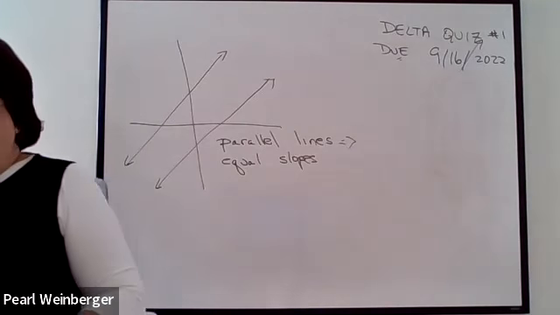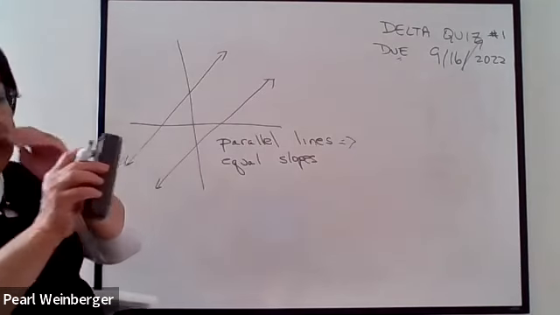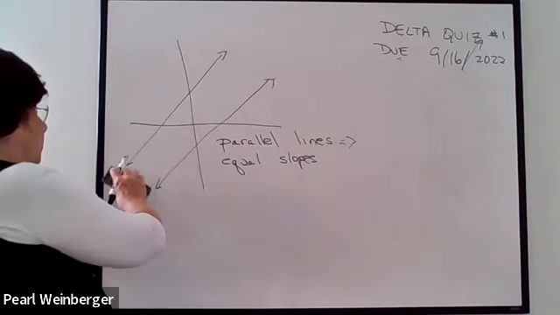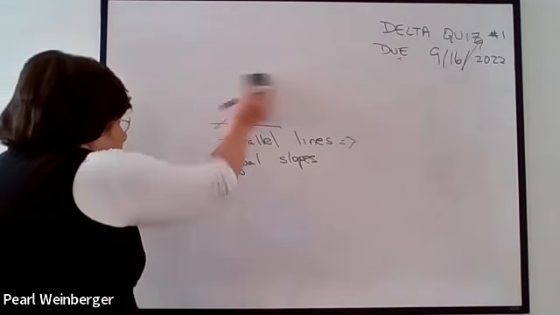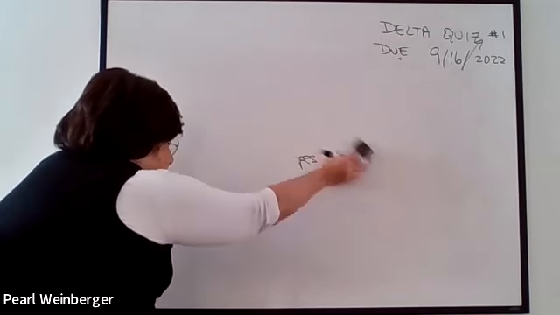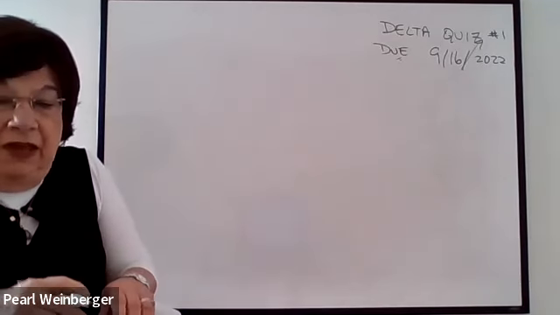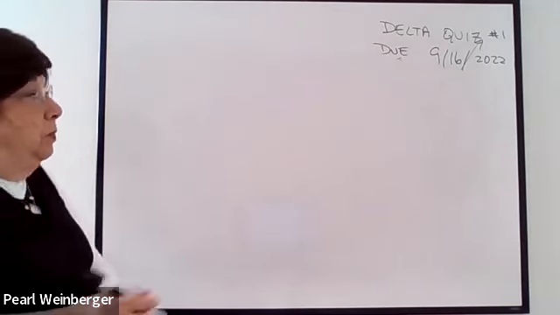So let me make another comment, and then we're going to look at some problems that would involve this. At least I find it makes sense that two lines that are parallel would have the same slope.